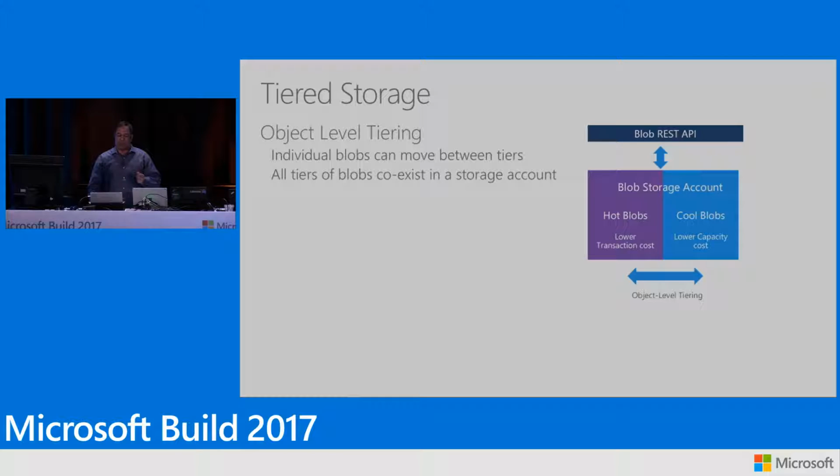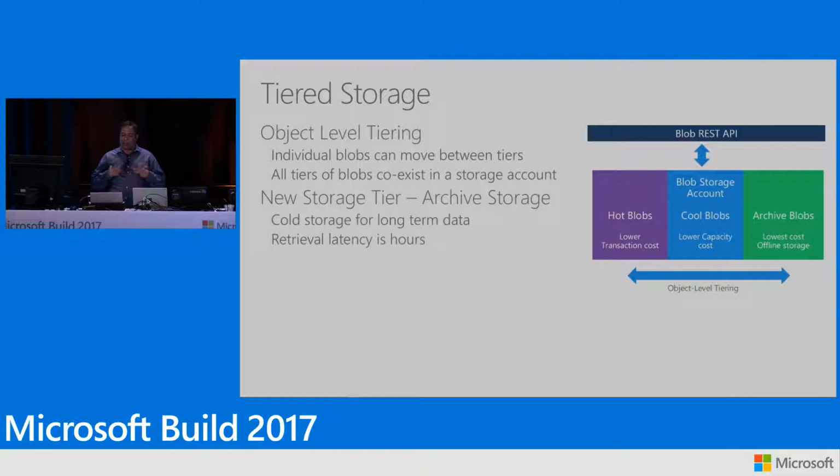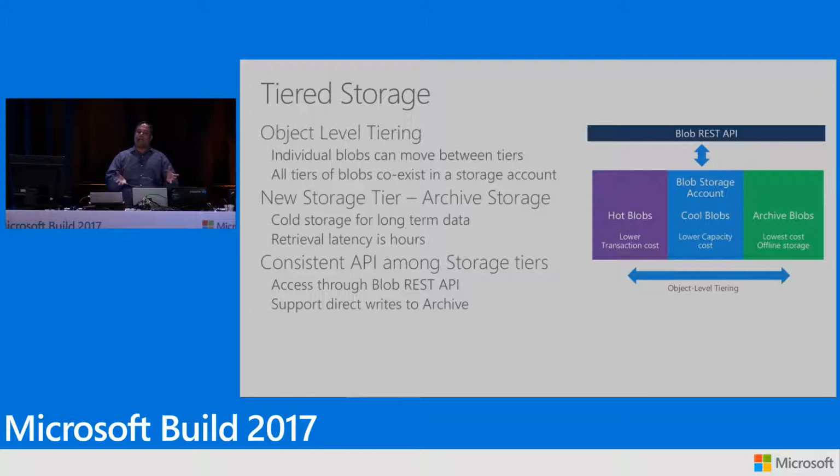The other thing we're very pleased to announce is we're adding a third layer called the archive blobs layer, which is going to be an offline storage layer, right? So the idea here is it's offline storage for long-term retention of data. Unlike hot and cool, which are instantaneous access, archive will be hours to first byte. But the neat thing here is we'll keep that consistency among APIs and storage tiers.